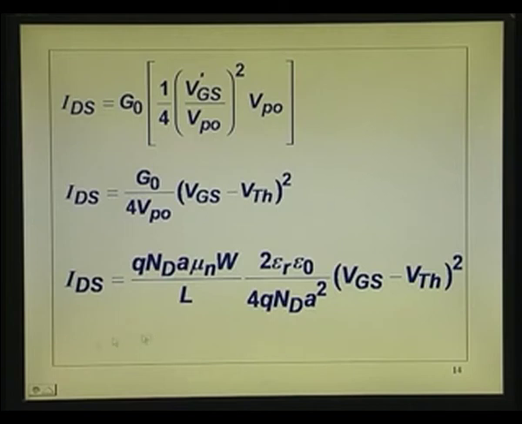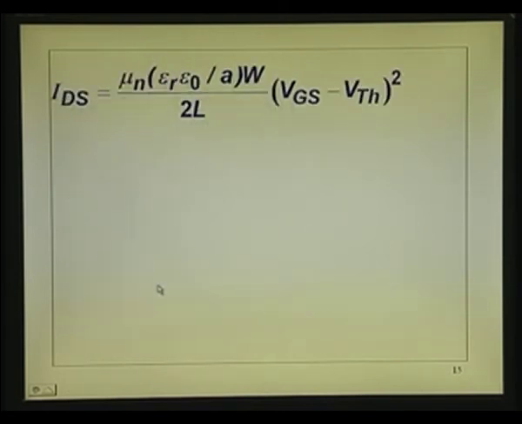Now here you see q N_D will cancel with q N_D, and one A will cancel with one A, and 2 will cancel with 4, becoming 2. So you will be left with mu_n W epsilon epsilon 0 divided by A and 2L, cancelling out that.